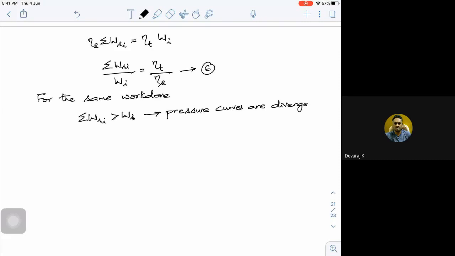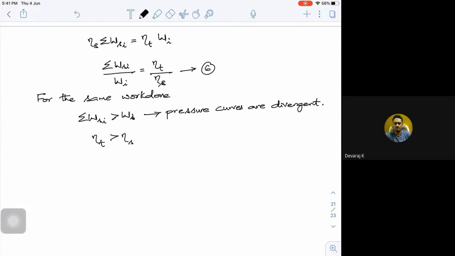Because of this reason, what will happen if that is the case? If my numerator is greater than my denominator, I can clearly write my total efficiency is greater than your stage efficiency.